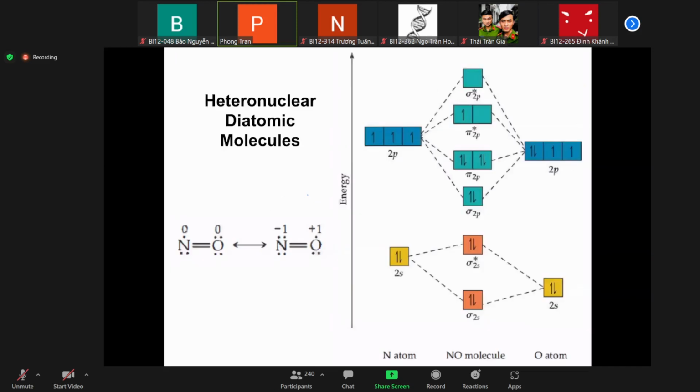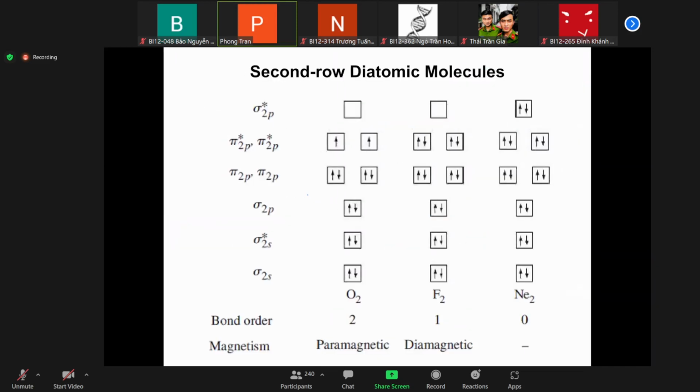So now we come to the end of our lecture already, but before we end, I would like to invite you to think about one question. We understand that oxygen and nitrogen both exist in our atmosphere. In the air surrounding us, we have about 78% nitrogen and 20% oxygen.